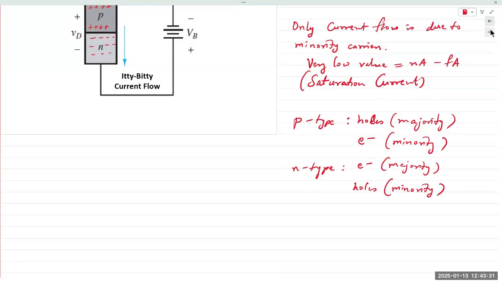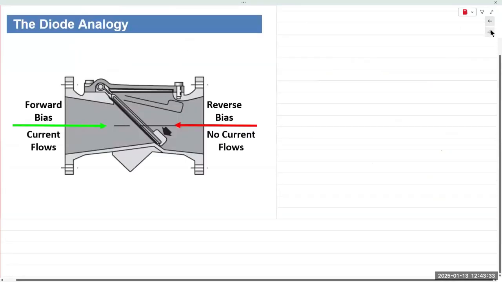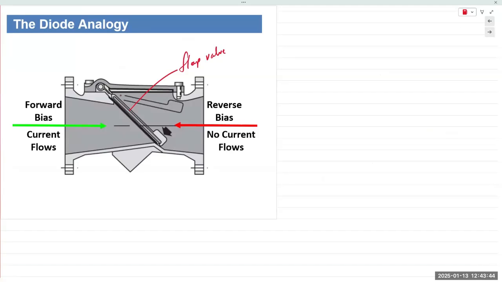Okay. So we can make a mechanical valve analogy. We can compare a mechanical flap valve and explain the operation of a diode. It's a one-way device.